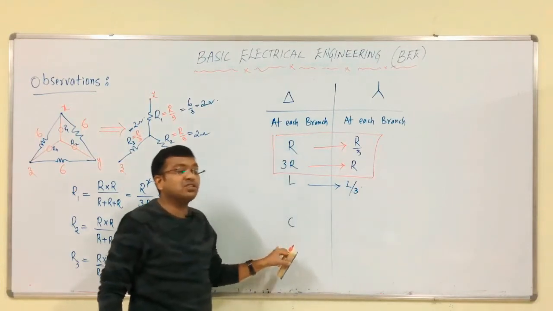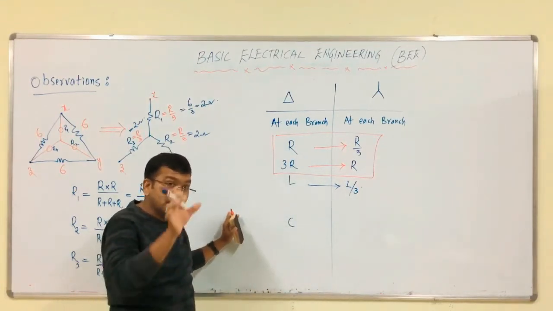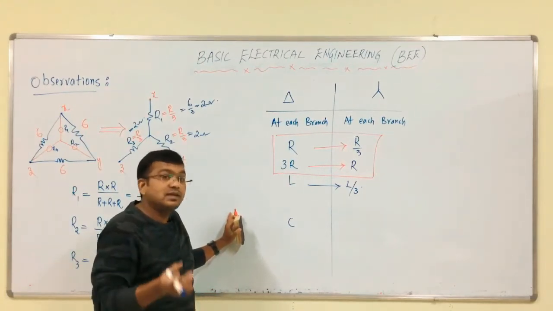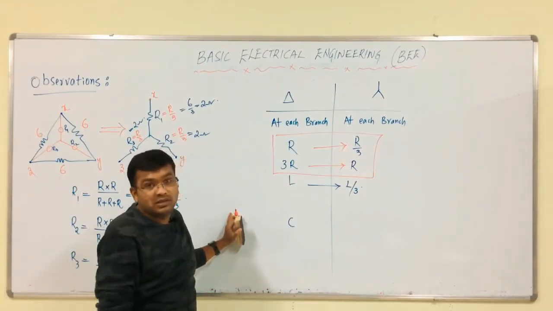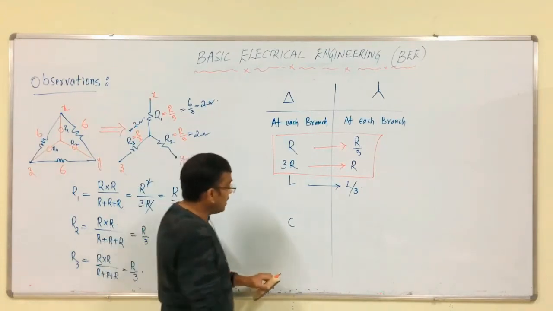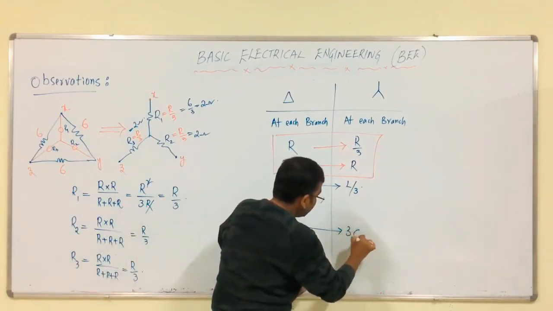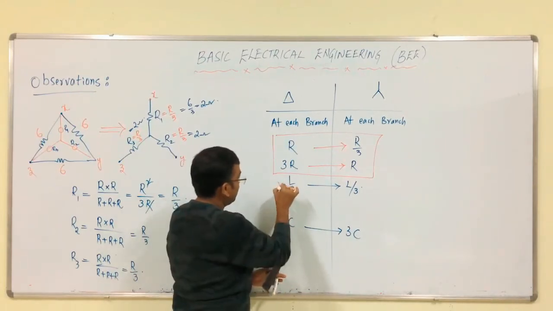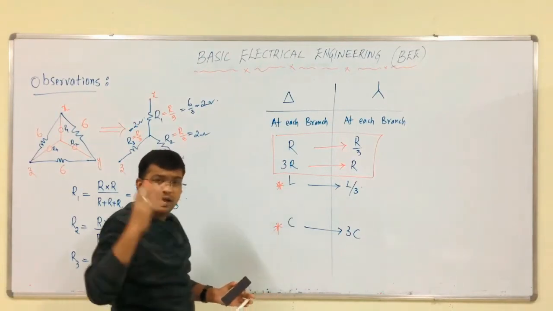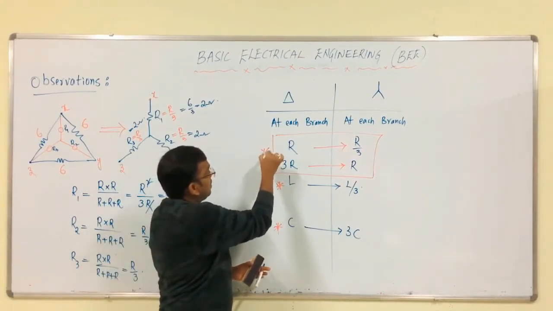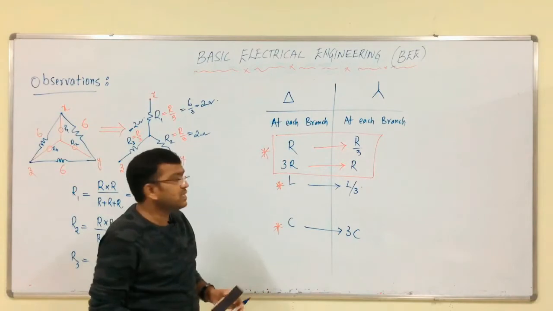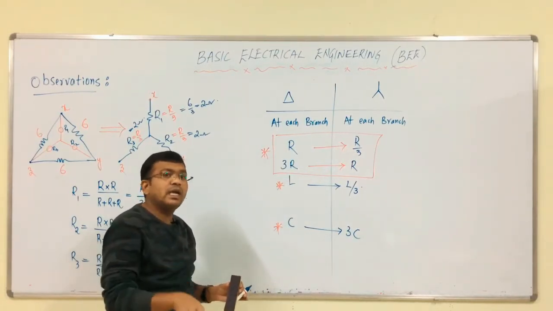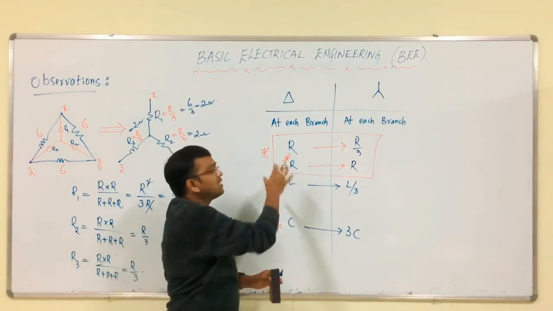But in the case of capacitors, if two capacitors are connected in series, the equivalent capacitance is the summation of their reciprocals. That is why if it is C, we get 3C. This is very important. But most of the problems are based on R only, so we have to reduce the circuit to an equivalent one with respect to resistive elements.